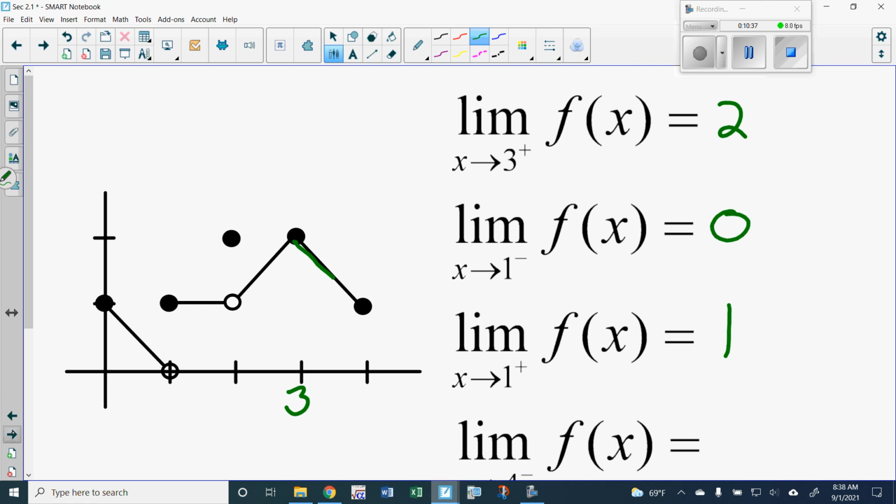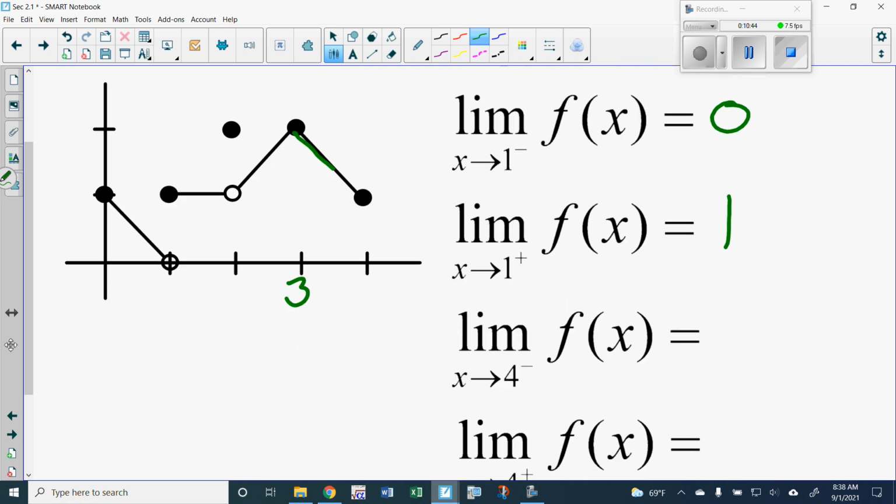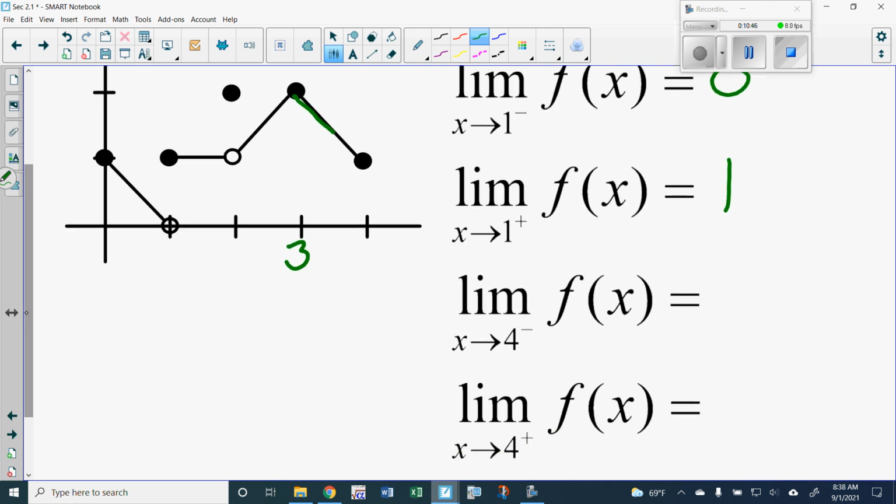What's the limit from the left at 3? It's the same. So that can happen. Finally, what is the limit at 4 from the left? What's the limit at 4 from the right? Does not exist, right? Because no solution. Because there is no right.